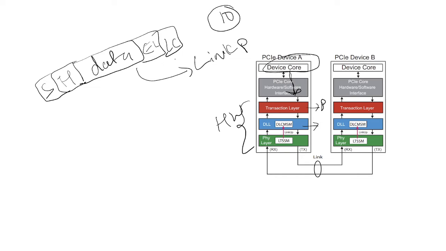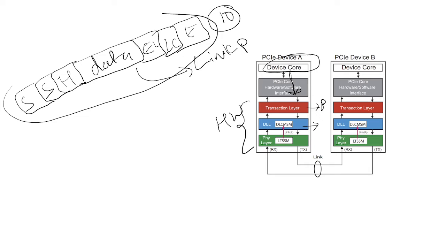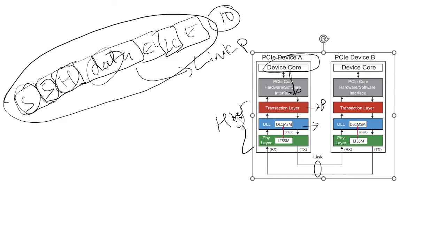Once the data link layer has added the sequence number and LCRC, the packet is sent to the physical layer. The physical layer adds a boundary condition, a start and an end, marking when the packet starts and when it ends. The packet is then sent from the transmitter to the receiver. The receiver knows this is the start of the packet, then the sequence number, then the header, then the data. So the receiver gets clear information about what the next field is, whether sequence number, LCRC, or ECRC.